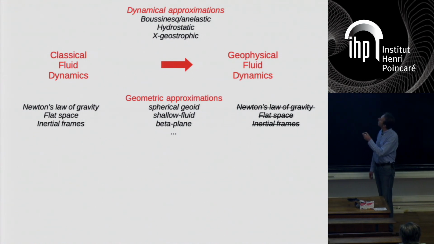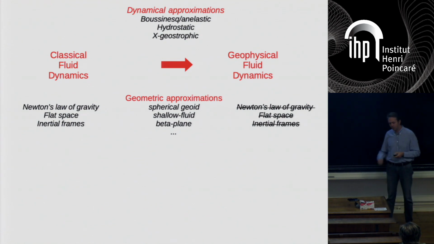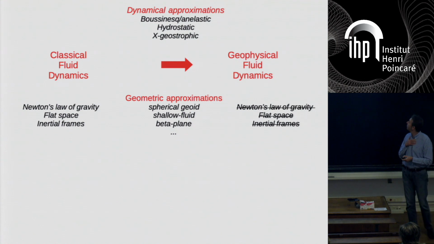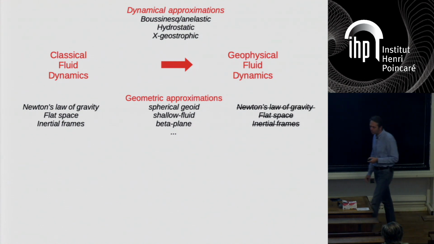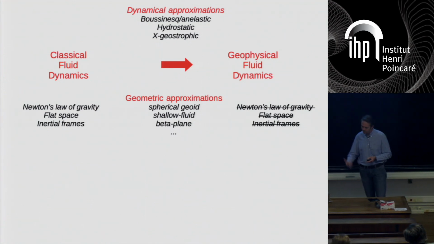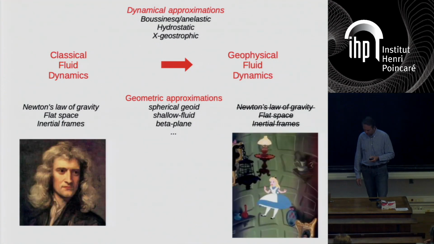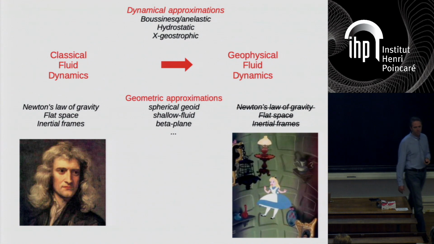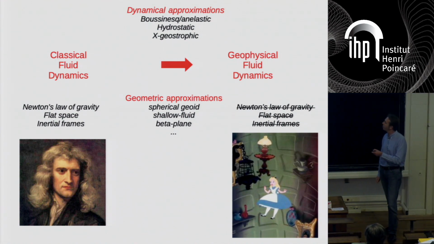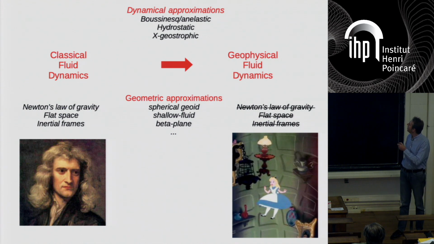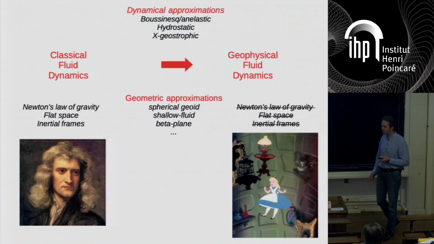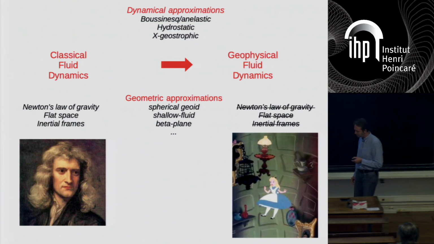And then we did some approximations. We entered the world of geophysical fluid dynamics, and it seems that all this is not always lost, but there are examples of loss of each of them. So it seems that we went from the serious world of Sir Isaac Newton, and we are building a fancy world where anything can happen, like in Alice's rabbit hole.